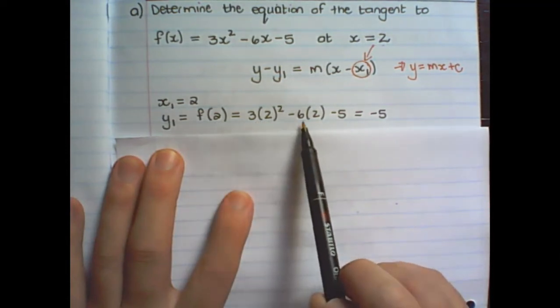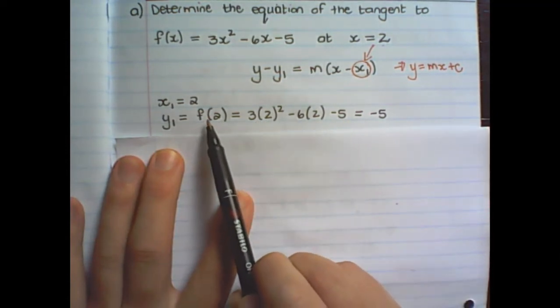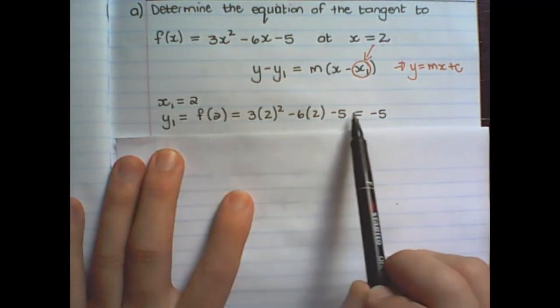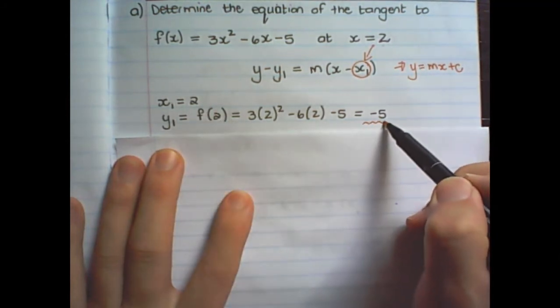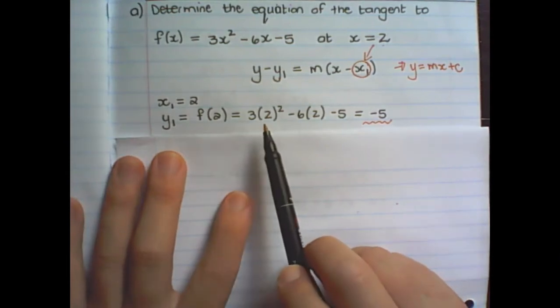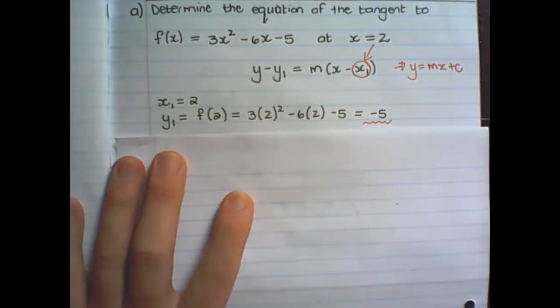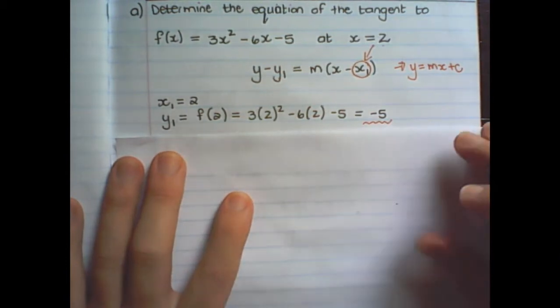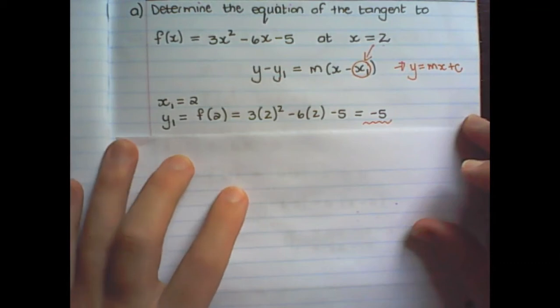You don't have to show the substitution; you can simply write f(2) equals negative 5. Most students can do this mentally, or they use a calculator to simplify the calculation and also to save time.